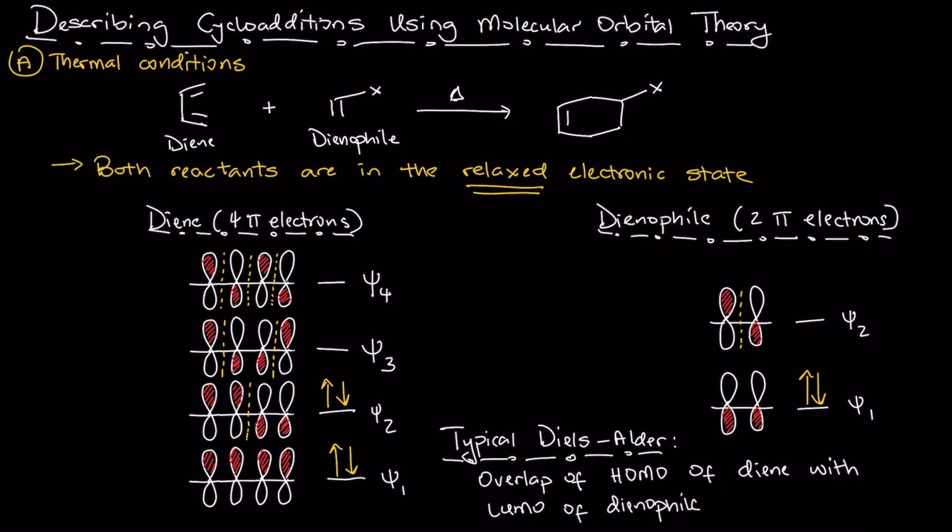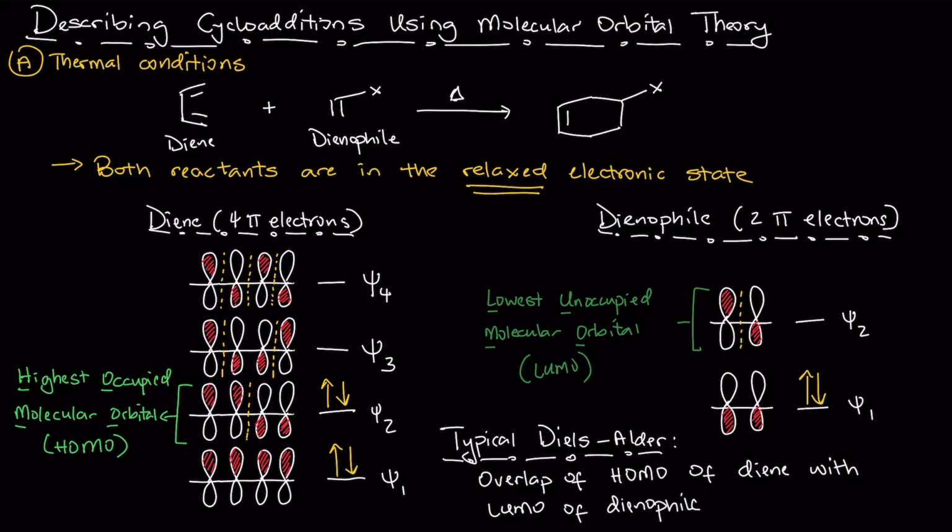So in the relaxed state, the thermal condition, you don't have any excitation, and everything is back down where it should be, which is what the system looks like right now. The HOMO of the diene should be psi 2, so look at the picture of psi 2. And the LUMO of the dienophile should be psi 2 in the dienophile.